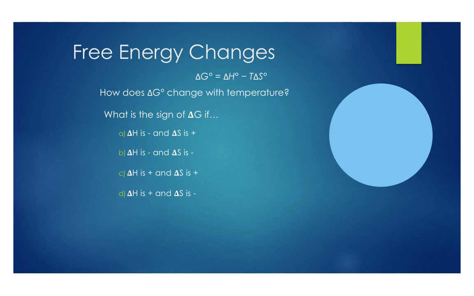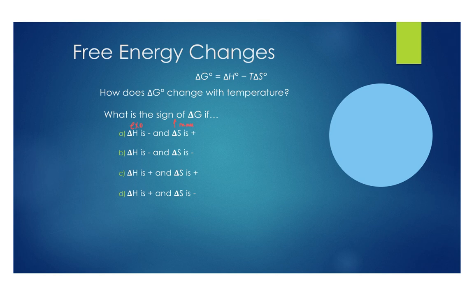This idea leads us to a better understanding of why some processes that are endothermic can be spontaneous or thermodynamically favorable, even though their delta H is positive. So let's look at delta G and what happens to it as we talk about different temperatures. What is the sign of delta G if, first of all, delta H is negative, so that would be exothermic, and delta S is positive, which means that entropy is increasing?